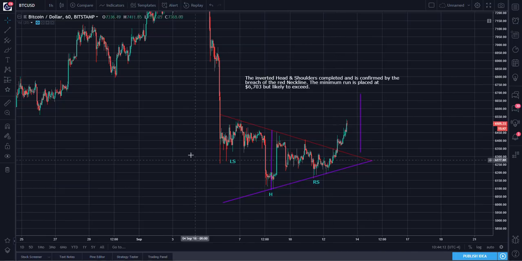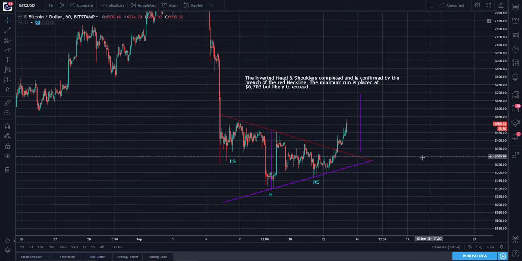However, an inverted head and shoulders is not necessarily a point of indecision. So when you get this kind of combination of patterns, especially where you see your head and shoulders inverted and a symmetrical triangle, it helps you to see that the propensity will likely lean towards the upside.